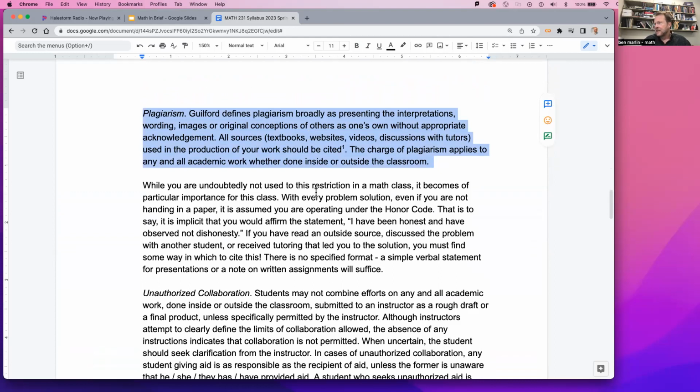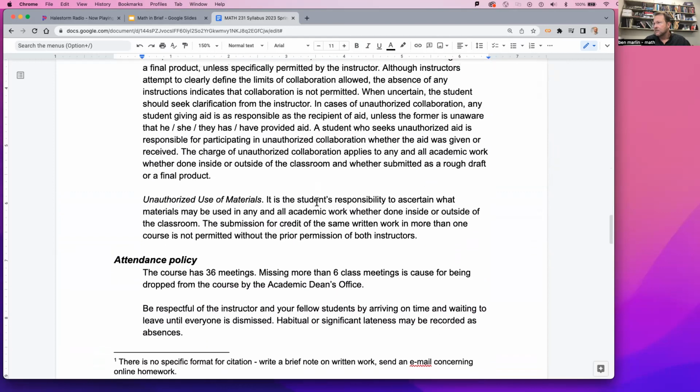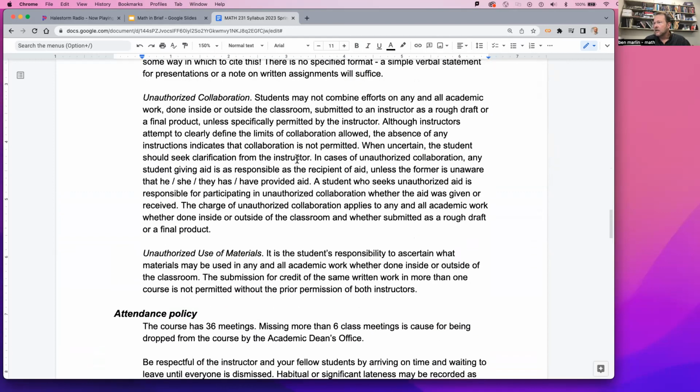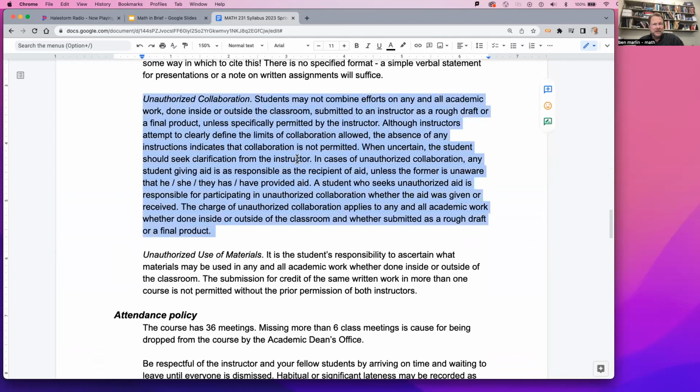So in any case, we will, in large part during the class, be doing something that's kind of collaborative. We will discuss things, we will talk about things. Those are all totally fine. But you do need to produce on your own.